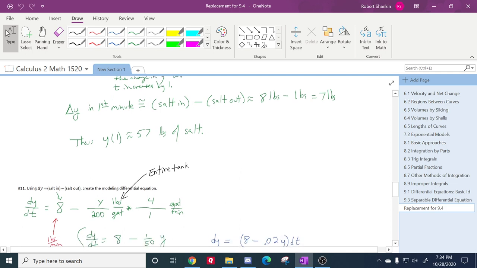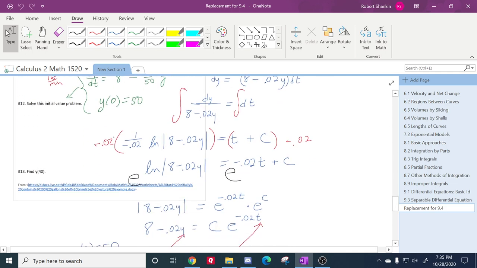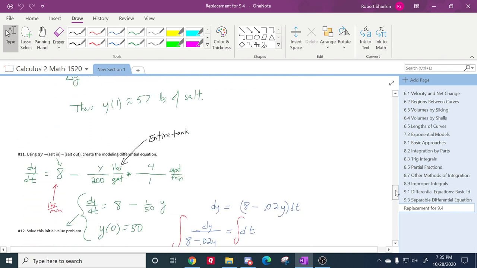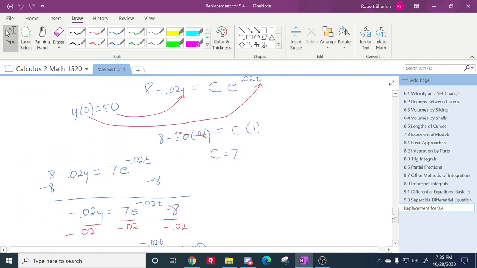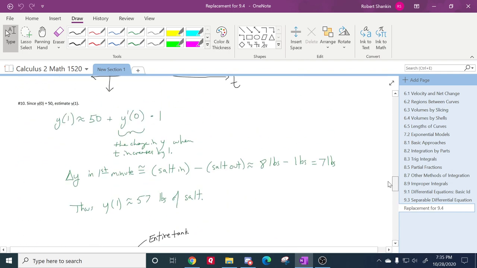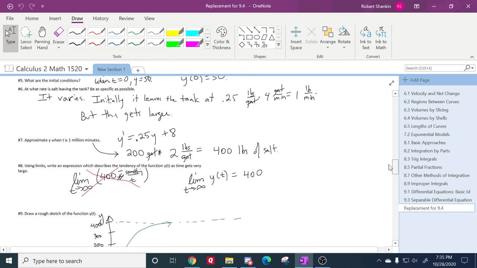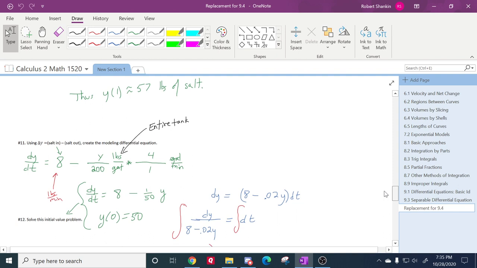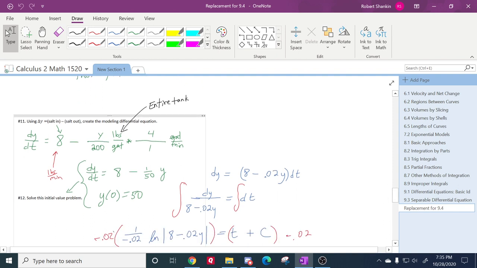And there was also something else. Somebody had guessed, oh yeah, this y prime, that differential equation was going to be 0.25y plus 8. And let's look at that. The modeling differential equation. Where is that? Oh yeah.